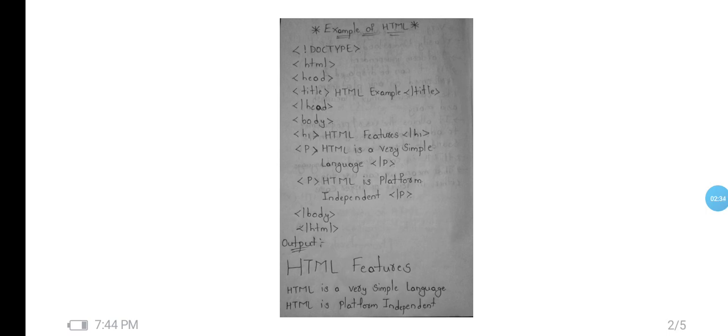It may be HTML 1.0 version, 2.0, 3.2 version, 4.0 version, or the latest version, that is HTML5. So when we start writing the HTML coding, we should first start with doctype, which instructs the browser about the version of HTML.